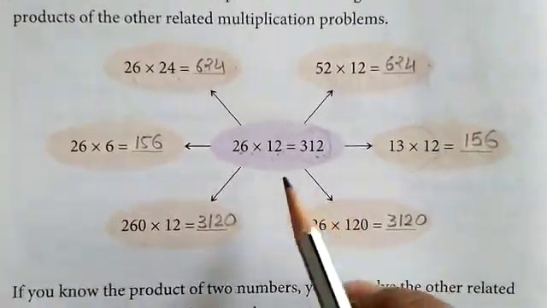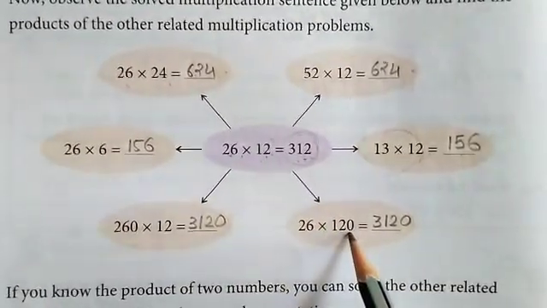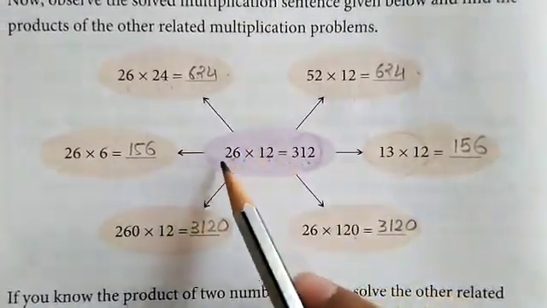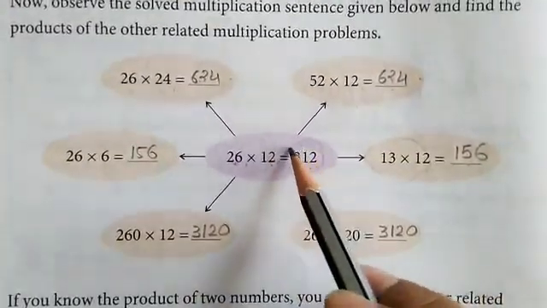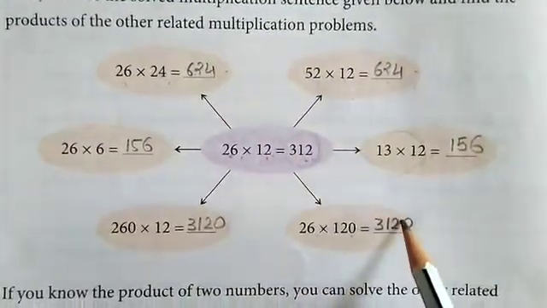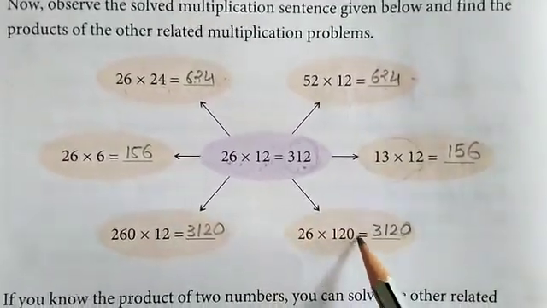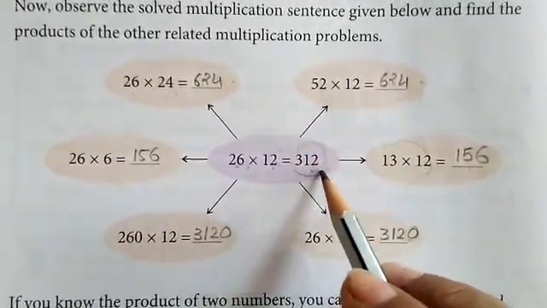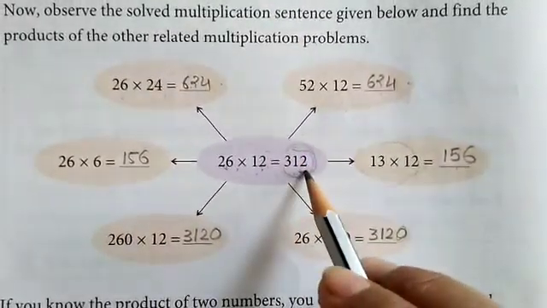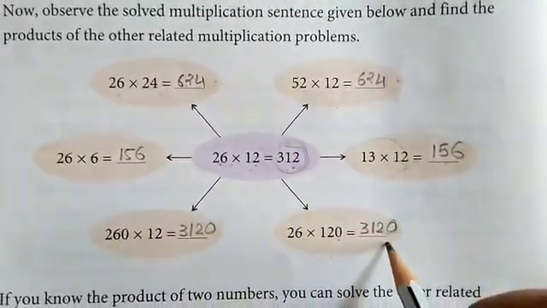Next, 26 multiplied by 120. It means for 26 multiplied by 12, whichever product we are getting, we will add a 0 and that will be our answer. Either you multiply this number or you multiply this number by 10, our answer will be the same.